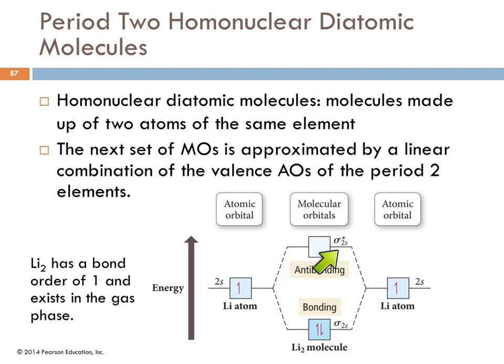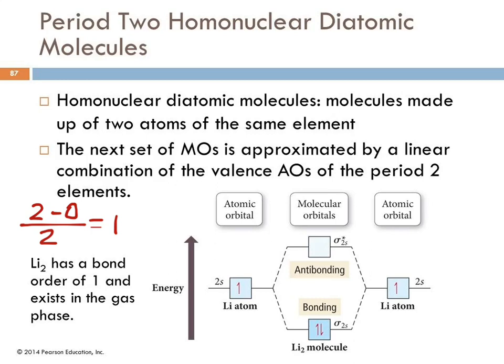Now this is sigma star 2s, and this is sigma 2s, because this is the linear combination of the 2s orbitals. One higher energy, one lower energy. This lithium atom has an electron. This one has an electron. We take those two electrons, and they're going to fill up the bonding orbital. So the bond order for that, then, is the same as for H2. We've got 2 in the bonding, minus 0 in the antibonding, and divide by 2, and that's equal to 1.